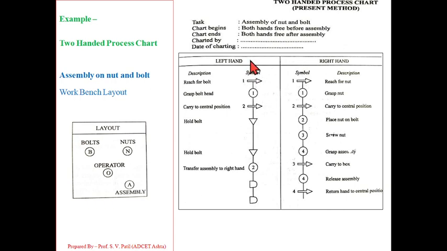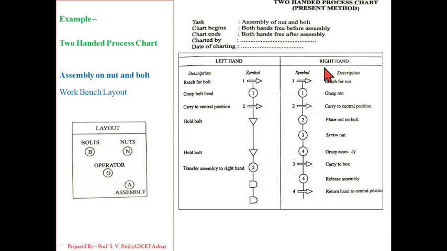So for the left hand, the description is: reach for the bolt. Initially the operator is standing at the center. He moves his left hand towards bin B for catching that bolt. So here there is a transportation symbol indicating the movement of the left hand.